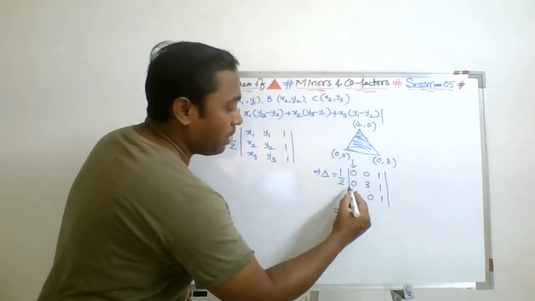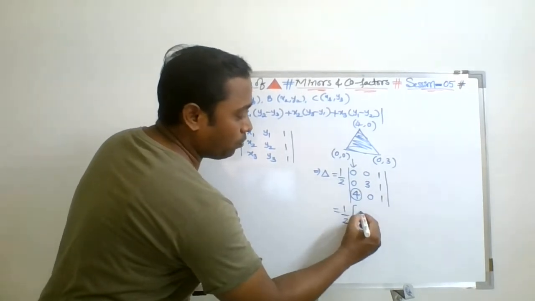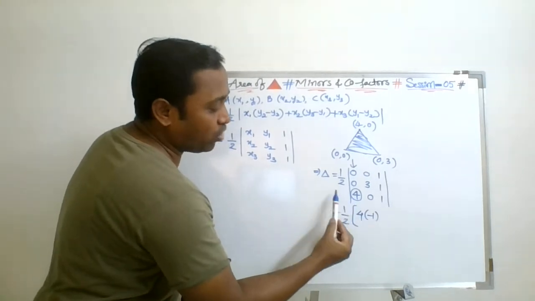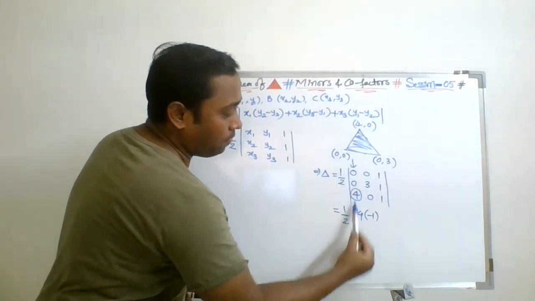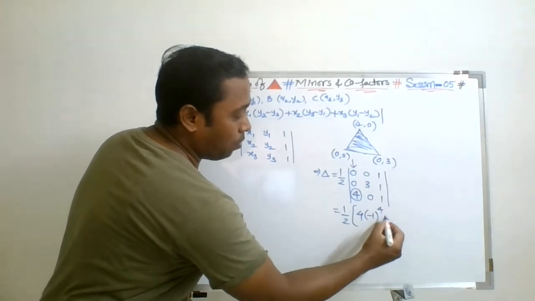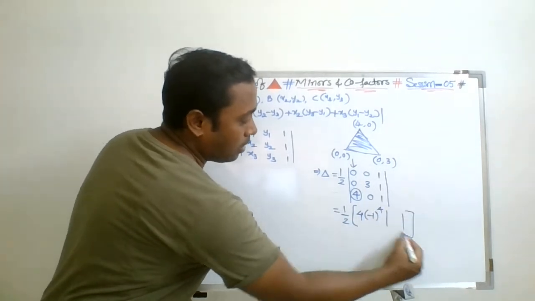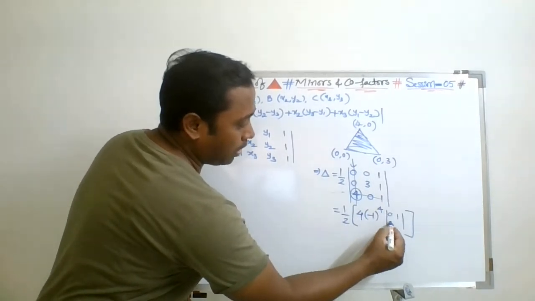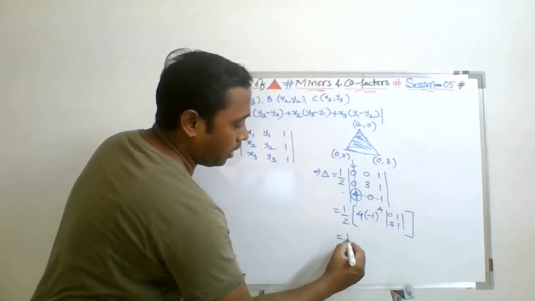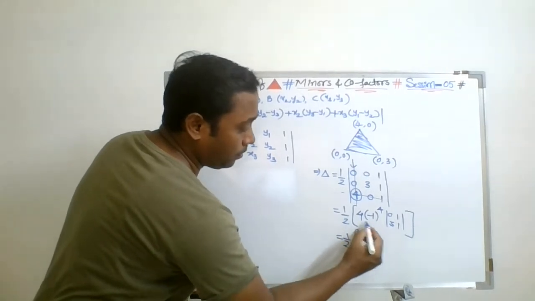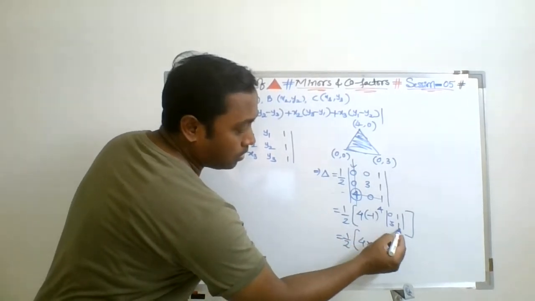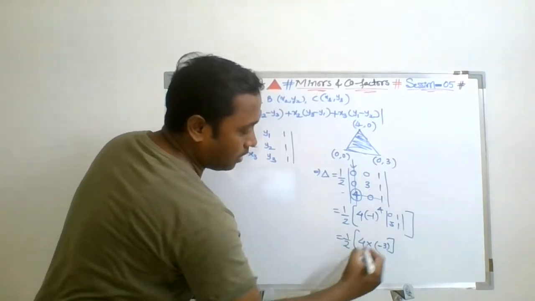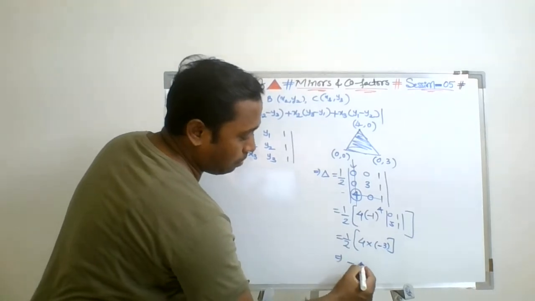Ultimately the element left is 4 into (minus 1) to the power of i plus j, meaning the third row and first column, their sum will be 4, and the remaining determinant after eliminating this row and column is 0, 1, 3 and 1. So finally, half of 4 into (0 minus 3), that is minus 3. Hence, the answer would be minus 6.